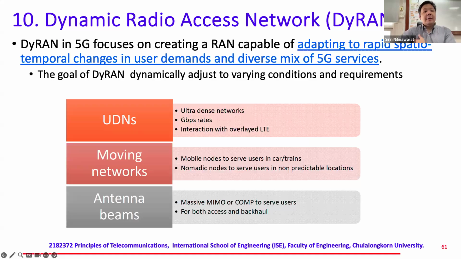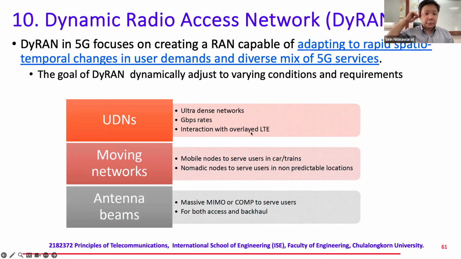Okay, another important innovation at the radio access level is the so-called dynamic RAN, right? So here the radio access network is created to be capable of adapting to rapid changes in the user demands and a diverse mix of 5G service categories.